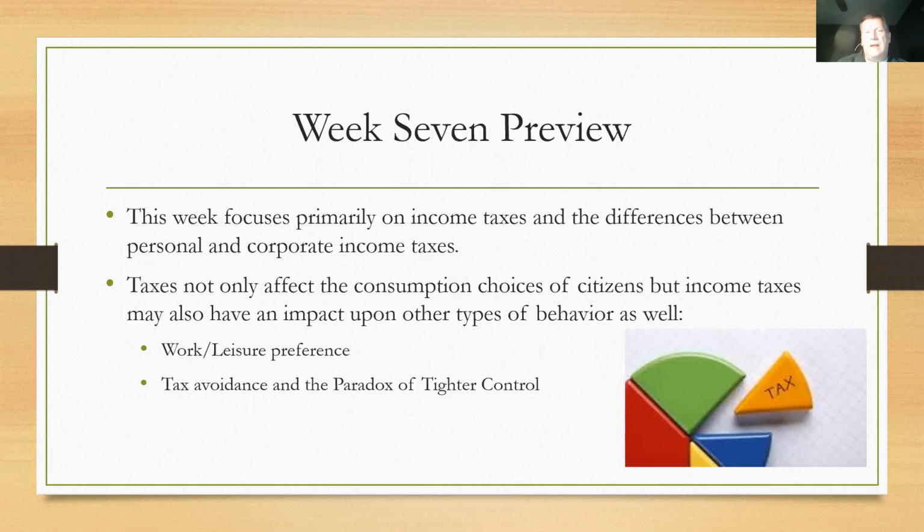And a type of tax that you think will have a certain type of impact upon an individual taxpayer may have a completely different type of impact upon a corporate taxpayer. So we'll look at some of those differences between personal versus corporate income taxes.